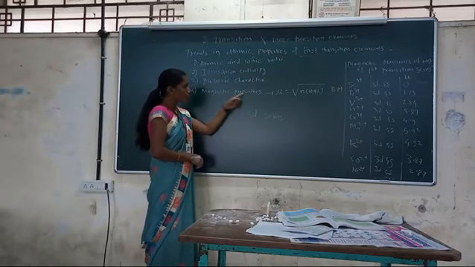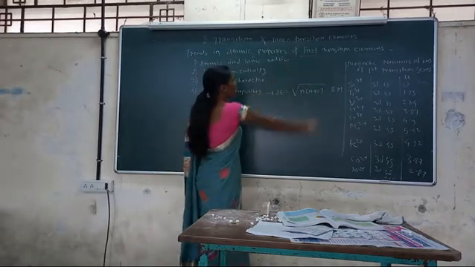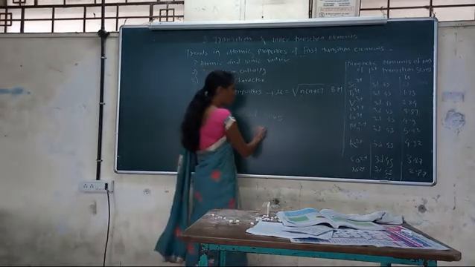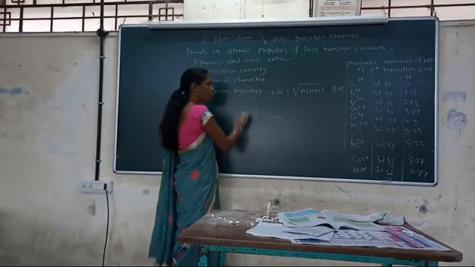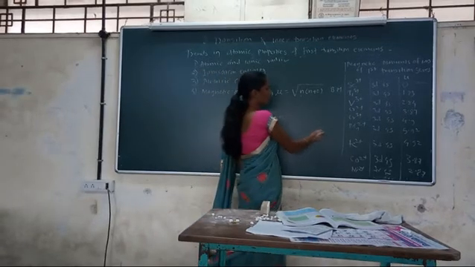Fourth is magnetic property. The first, atomic and ionic radii, decreases along the 3d series, along the period from left to right, from scandium to zinc.